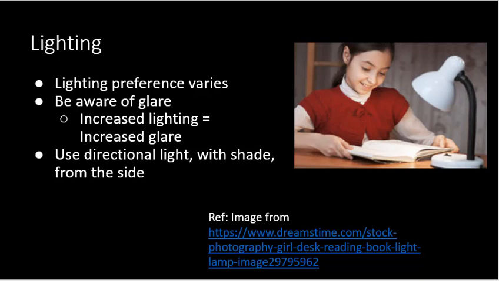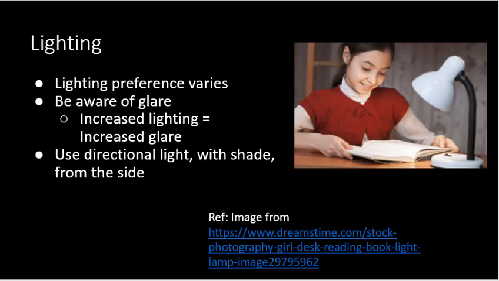How do you minimize glare? Well, you use a directional light that has a shade, which you can see there in the picture with the girl reading. It's directional because the shade and the light source itself are positioned directly on the book. It's not shining into her eyes. And of course, the light is positioned below her eye level.